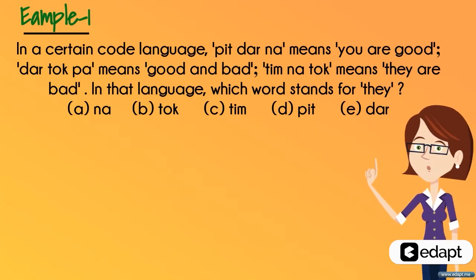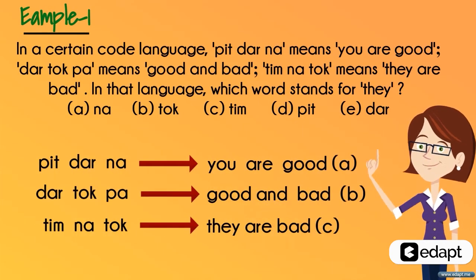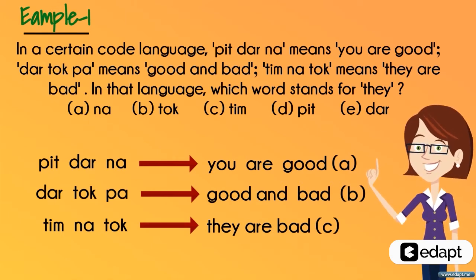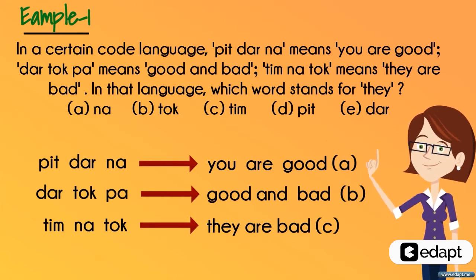Let's first note down the 3 phrases which are given and their corresponding codes. Then, we will choose 2 phrases having a common word. Then, we will compare these 2 phrases to find the code for that particular word.